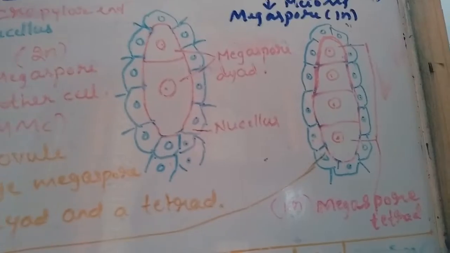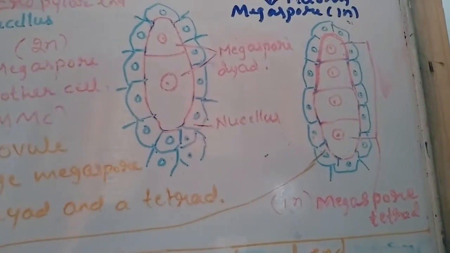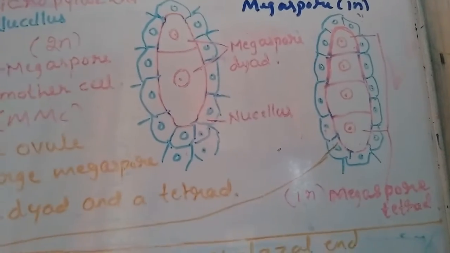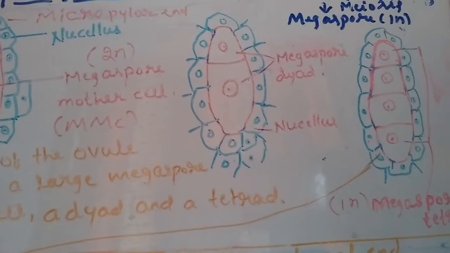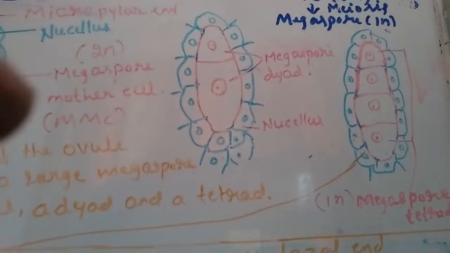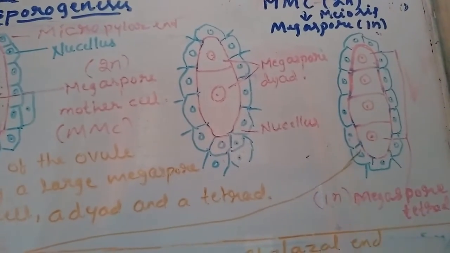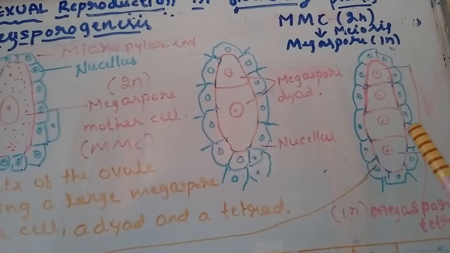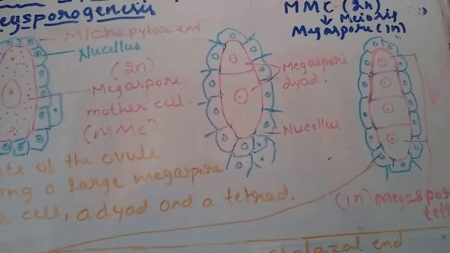Remember students, the 3 degenerated megaspores are not involved in the formation of the embryo sac. So here we have only one functional megaspore.